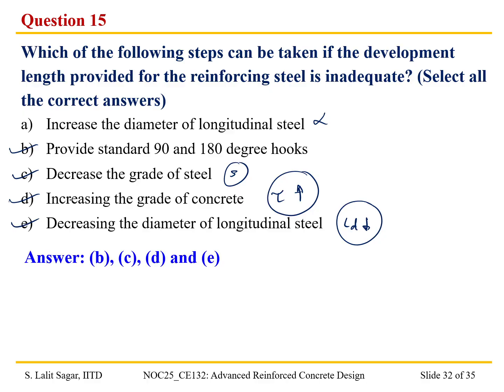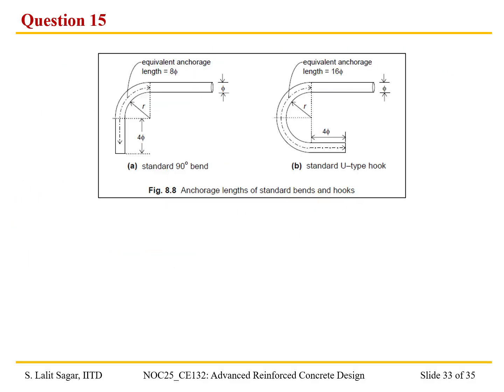So options B, C, and D are viable options to decrease the required development length of the reinforcing part.